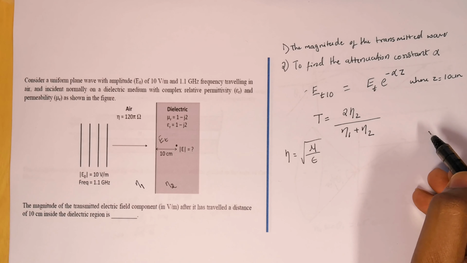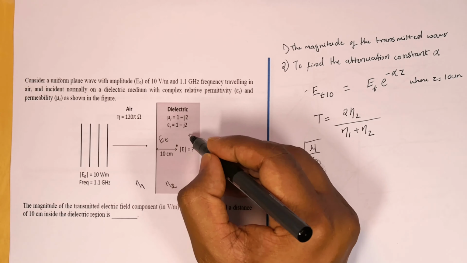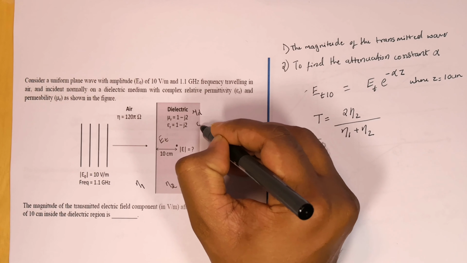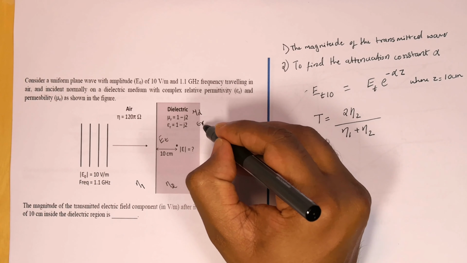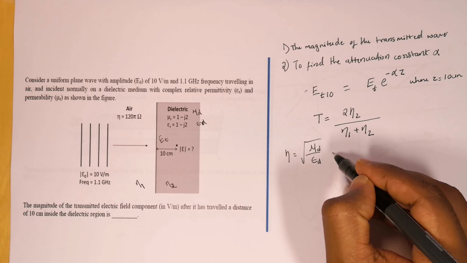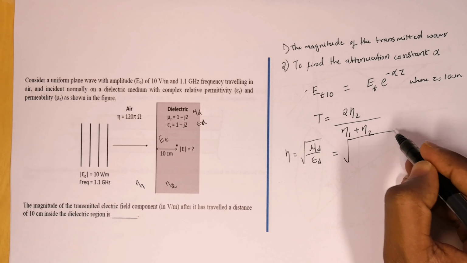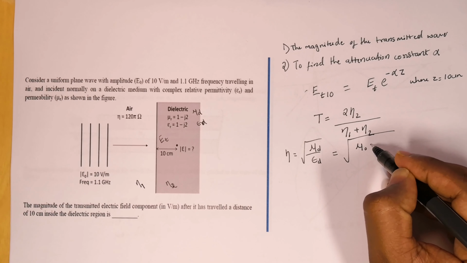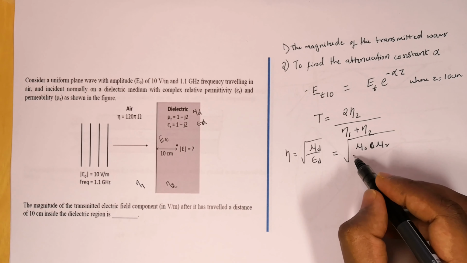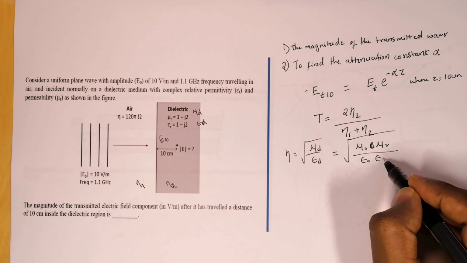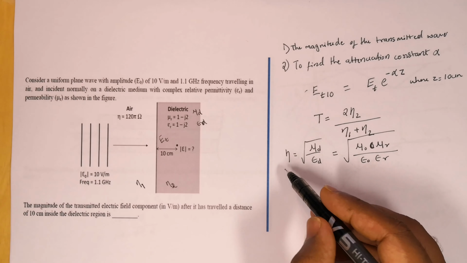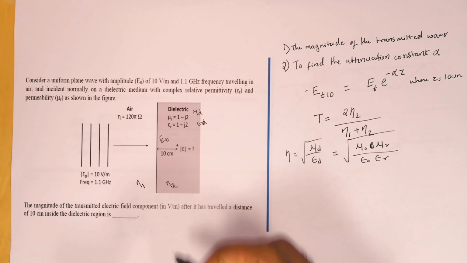In this case, this is a dielectric medium, let's call it mu d and epsilon d. So this is given as mu naught mu r, which is given in the problem, and epsilon naught epsilon r. So now we know what is the intrinsic impedance of this dielectric medium.